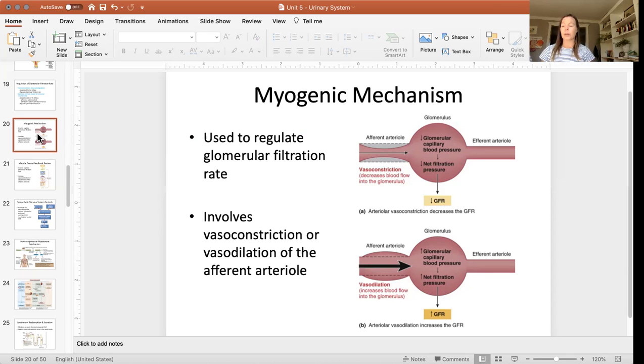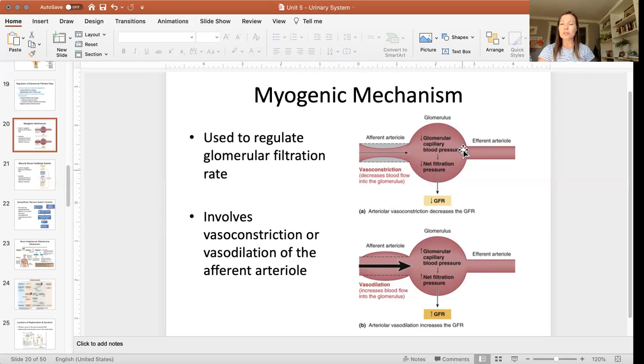And in order to bring about that response, the afferent arteriole, and you can see this if you look at this top diagram on the PowerPoint slide, will constrict. It will perform vasoconstriction. So you can see that that causes narrowing of the arteriole. That's going to decrease blood flow through that arteriole. So now less blood is going to reach the glomerulus.